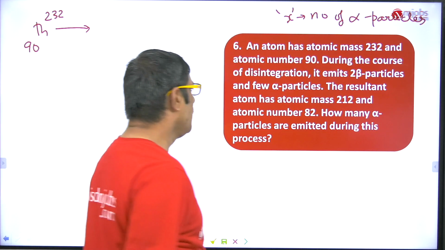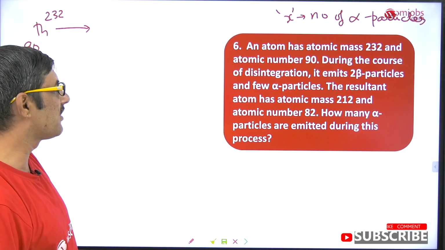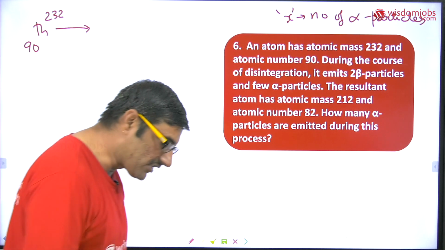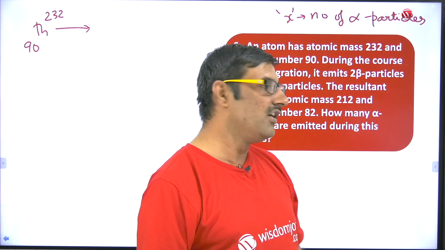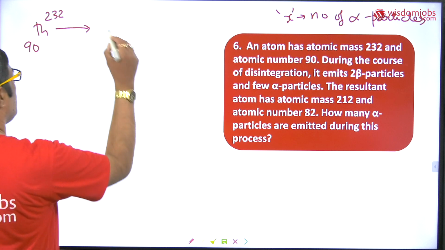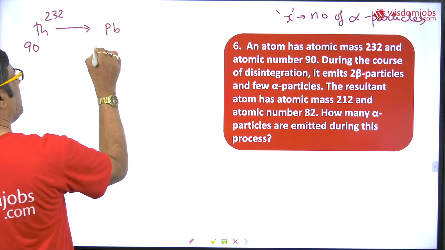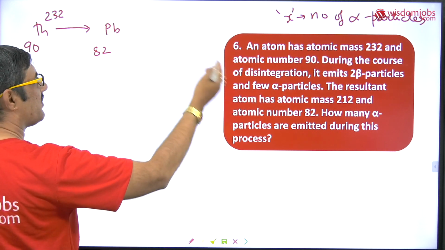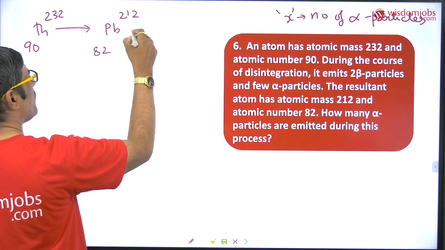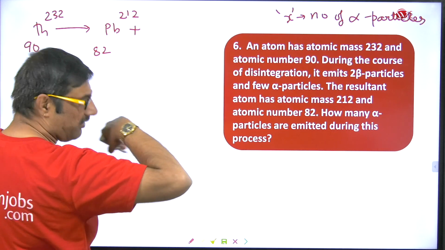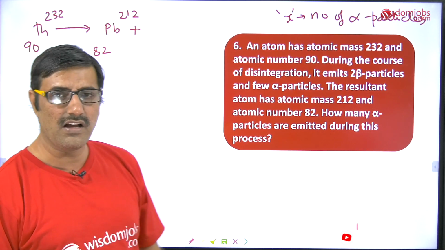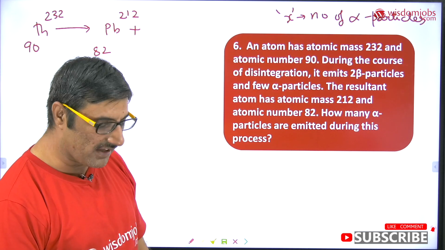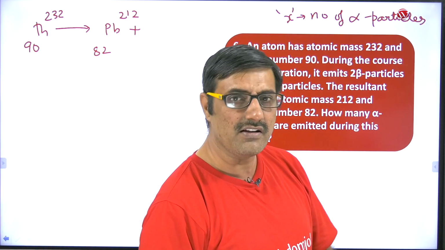The resultant atom has an atomic mass of 212 and atomic number 82. Which element has an atomic number 82? It is lead, so it is Pb. So Pb 82, 212. Plus, we don't know how many alpha particles are emitted, so I am assuming that the number of alpha particles emitted is some x.